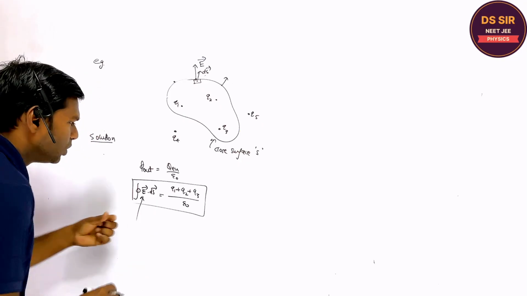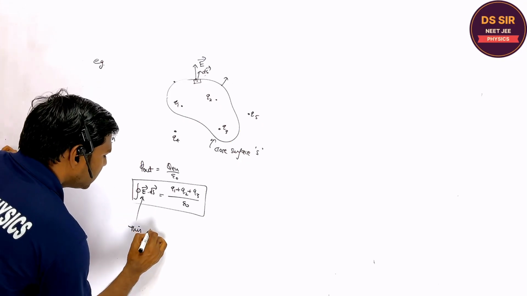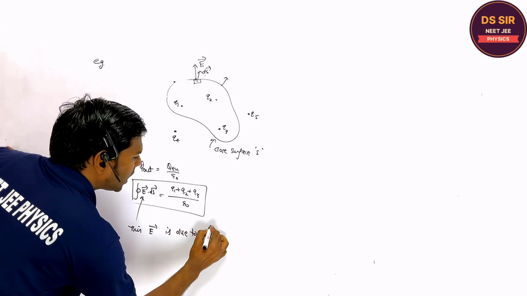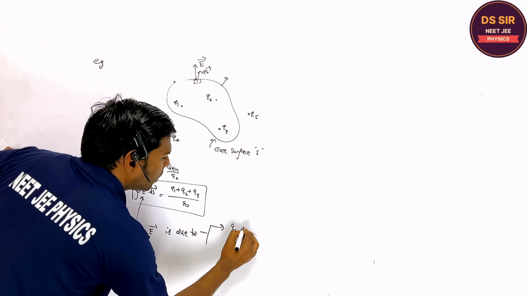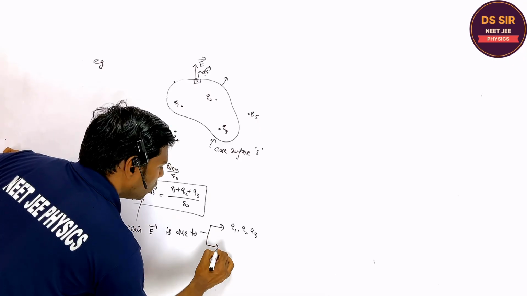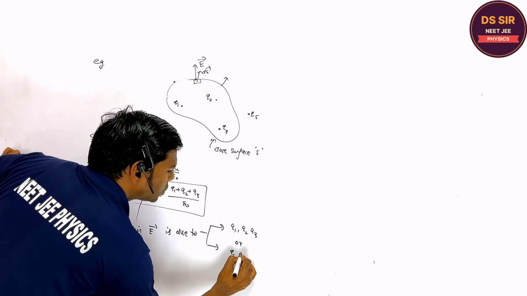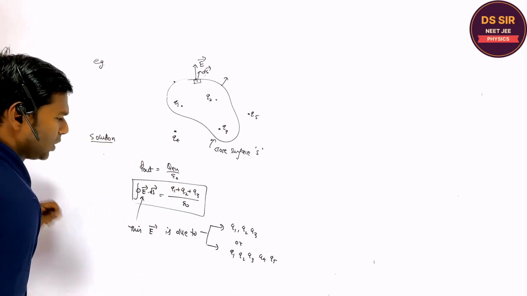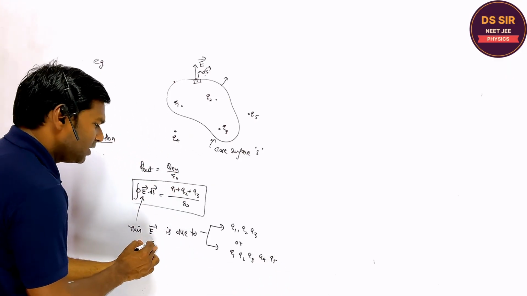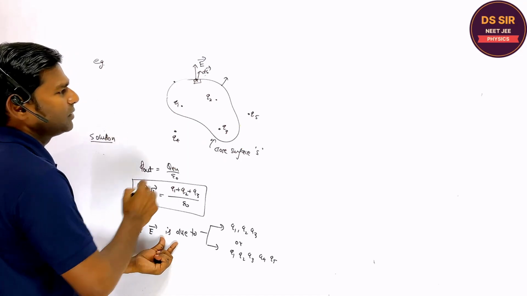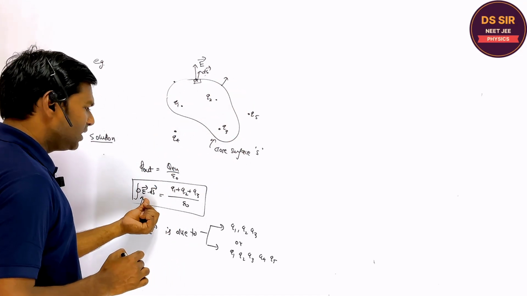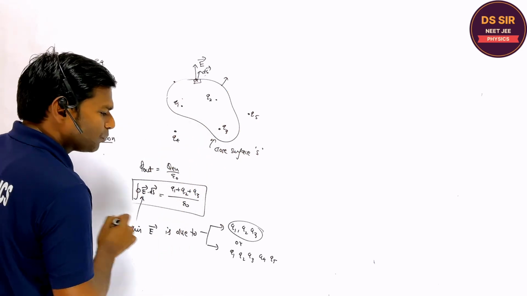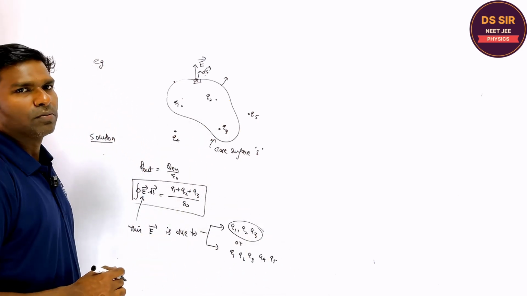I am asking you, this electric field is due to which charge? Only Q1, Q2, Q3, or all the charges Q1, Q2, Q3, Q4, Q5? You tell. At this point, at any point, the electric field in this integration is due to Q1, Q2, Q3, or Q1, Q2, Q3, Q4?